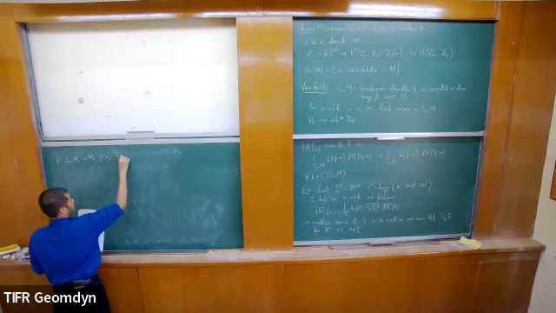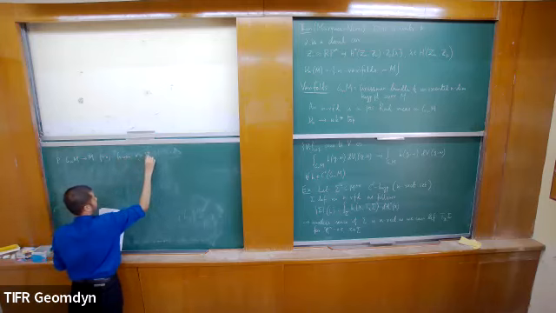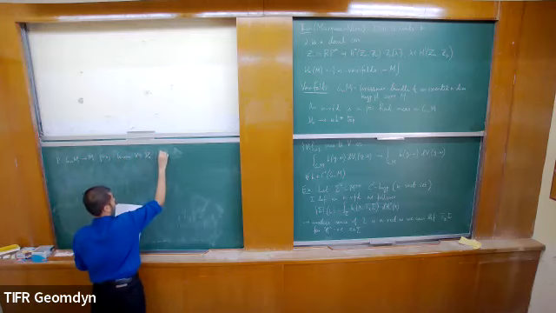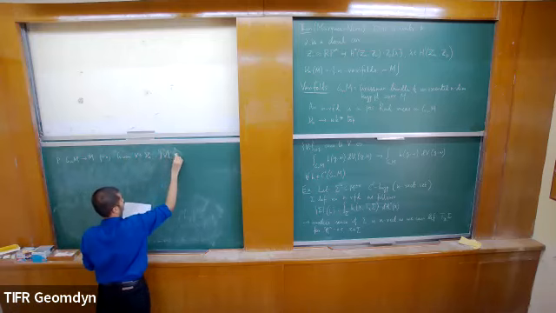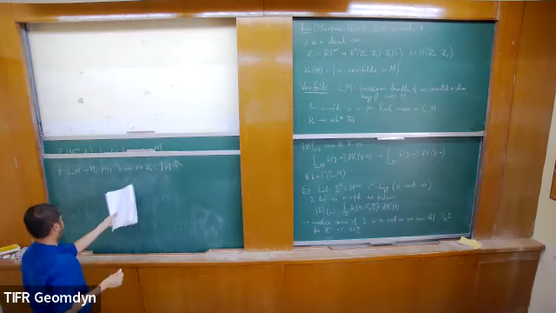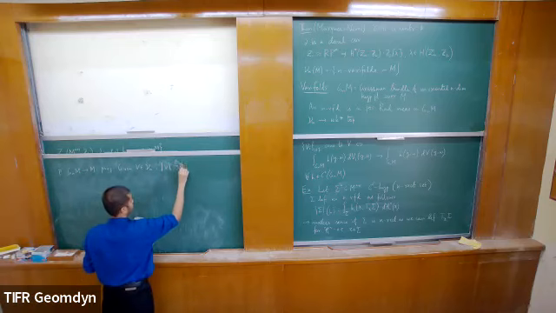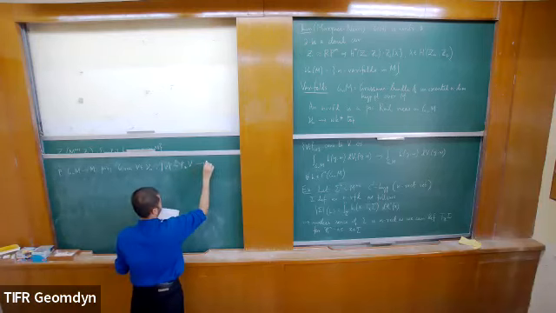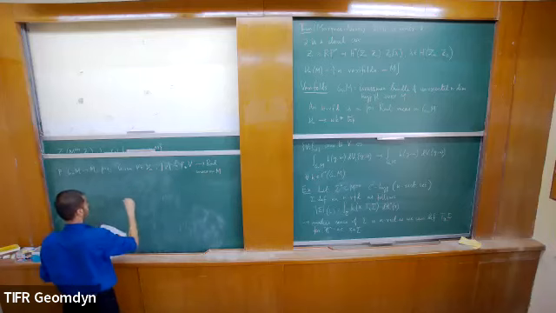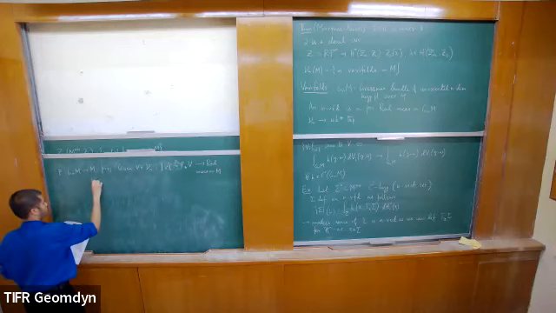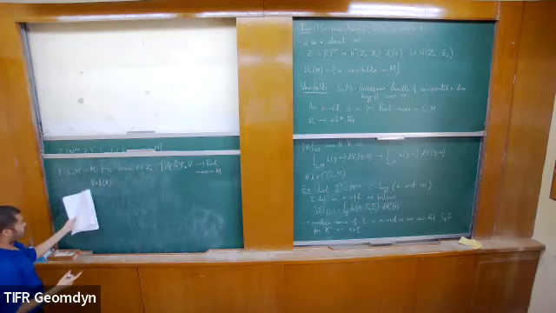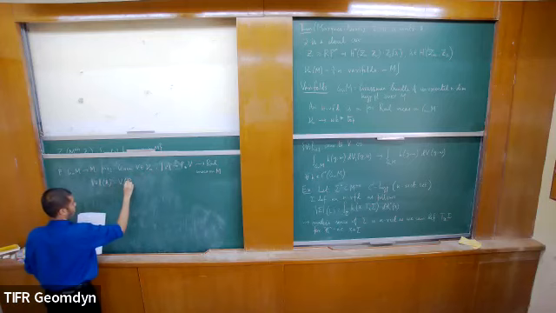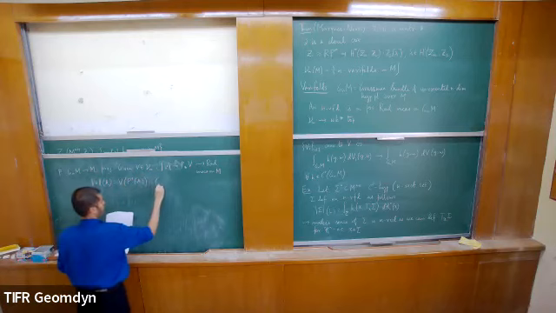Given an n varifold V, we use this notation norm V to denote the push forward of the Radon measure V by this projection map P. So V is a Radon measure on the Grassmannian, and if we push it forward by P, we get a Radon measure on M. And this notation means that norm V, the mass of V on a set A, is V of P inverse A, where A is a subset of M.